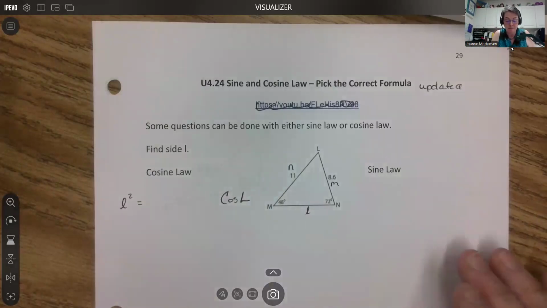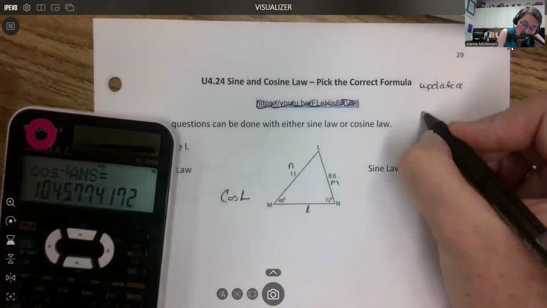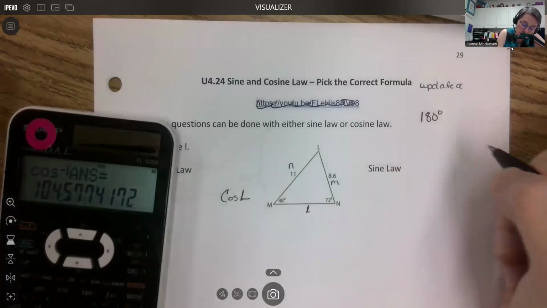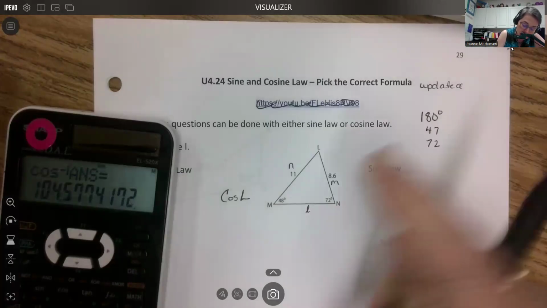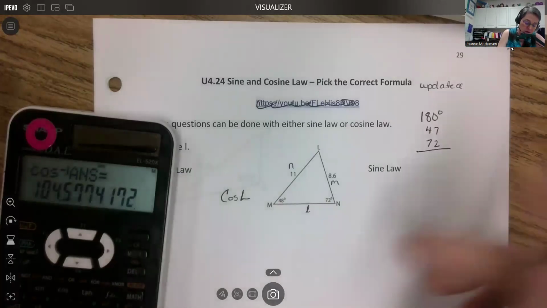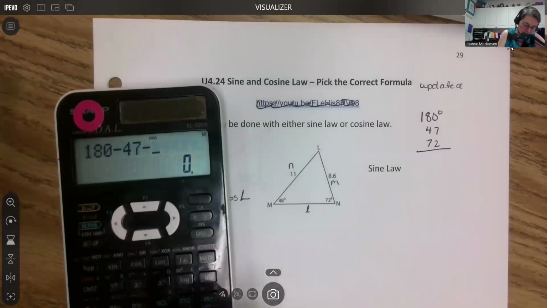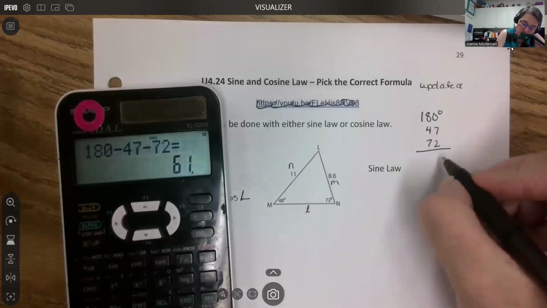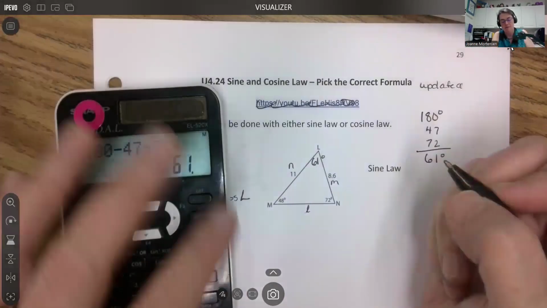We don't have angle L. But that's a 30-second fix. There's 180 degrees in a triangle. I've used up 48 and I've used up 72, my two base angles. So just do some subtracting: 180 minus 48 minus 72, which leaves us with 61 degrees. There we go. Now we're good.